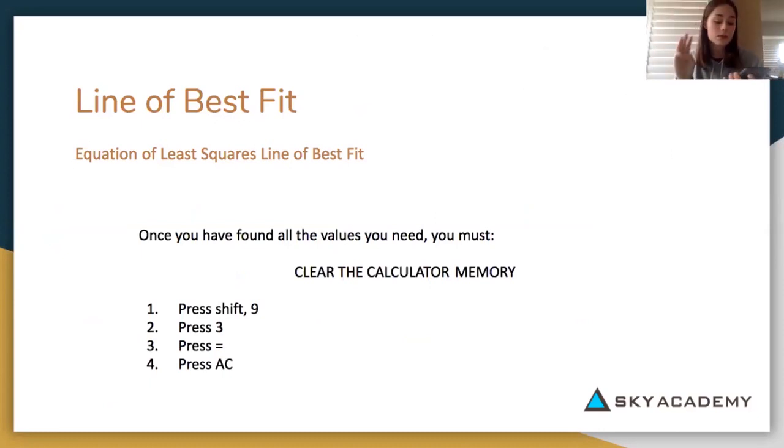If you press option 3, equals, and then AC, your calculator will go back to normal, and there will be no 0 in the corner, which means you are not in statistical mode anymore, and any answers you get will be accurate. If you don't clear your memory, any answers you get will be based off the values that you had put into your calculator. So let's have a look at the next slide.